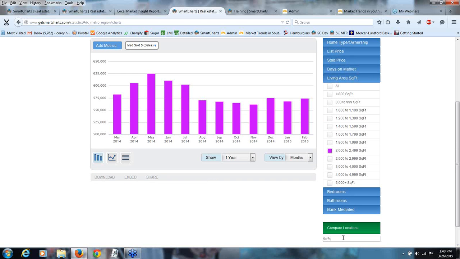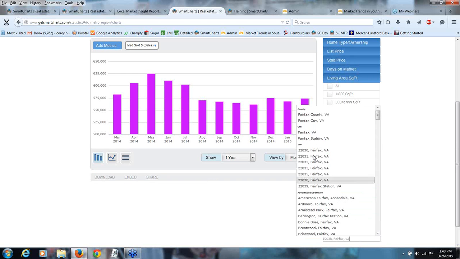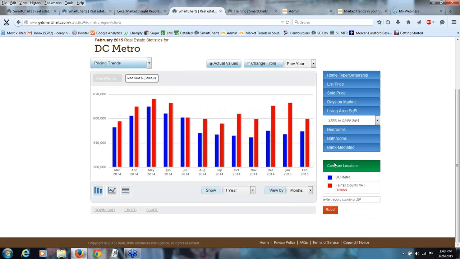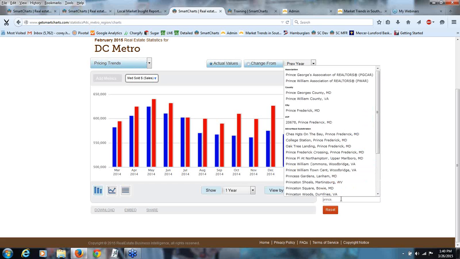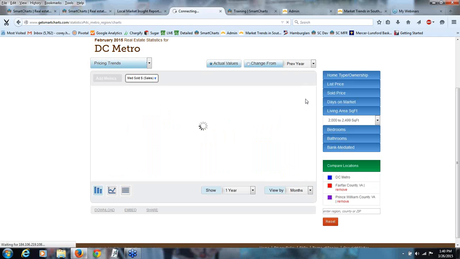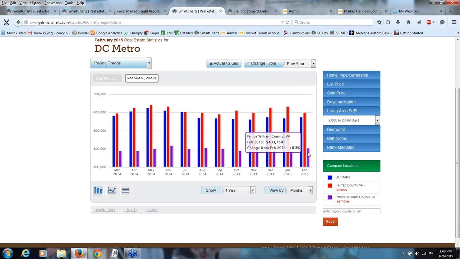Now let's look at Fairfax County. You can see as I'm typing this in, just like changing locations up top, a pick list shows up. Fairfax County is way more expensive than the regional level. Let's see if we go further out. Prince William, which actually isn't even in the... okay, so it's a hike, but $400,000.